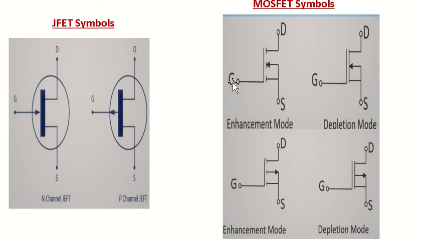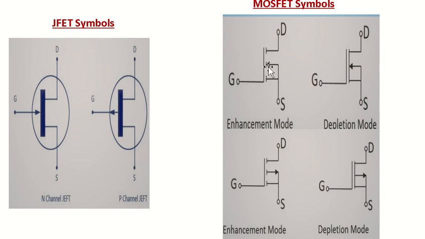If the arrow is coming towards the gate, it is definitely an N channel, for enhancement mode and depletion mode, and the symbols below are for P channel because the arrow is leaving the gate terminal. Okay, so that is the thing.